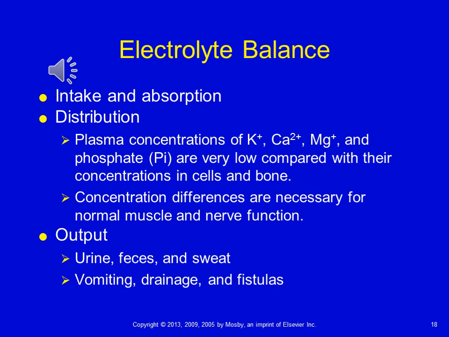Similarly, if electrolyte output decreases, as with oliguria, electrolyte intake must also decrease in order to maintain balance. There is a table on page 889, table 41-4, where you want to look at electrolyte intake and absorption, distribution, and output.